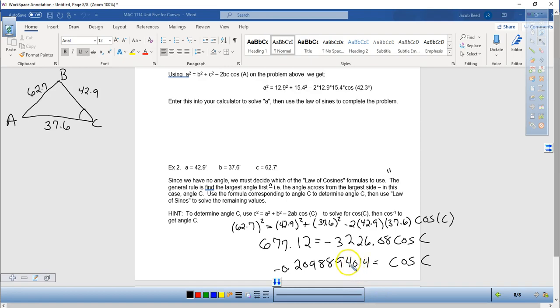Well, that would mean that I've now got to do the cosine inverse. So I'm going to do cosine inverse of this to get the measure of angle C. And when I do that, I get that angle C is 102.12 degrees.